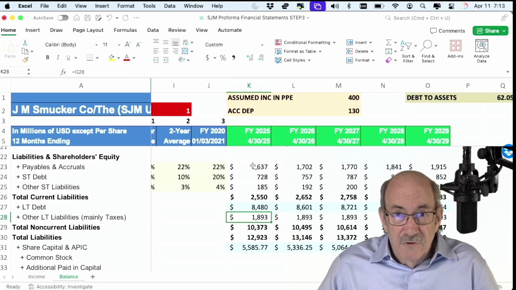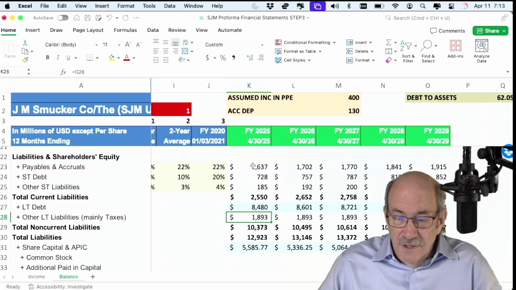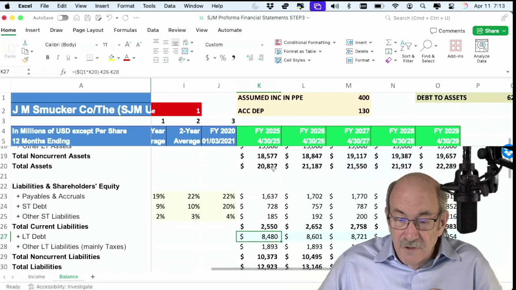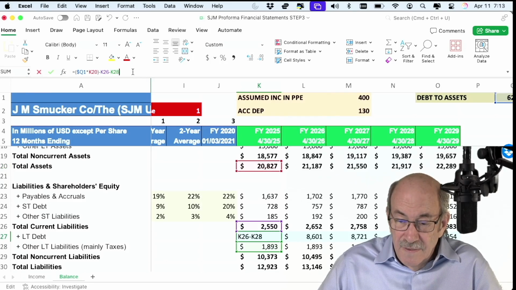Those are the only accounts on the liability side of the balance sheet. So I'm going to force this amount of total debt to be exactly enough to make the total liabilities 62.05% of total assets.